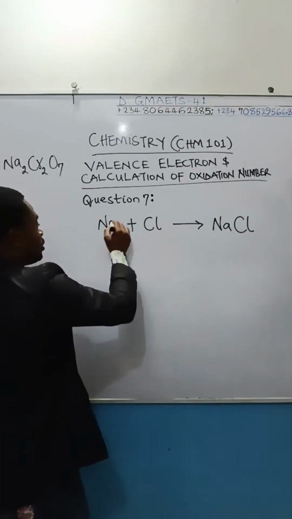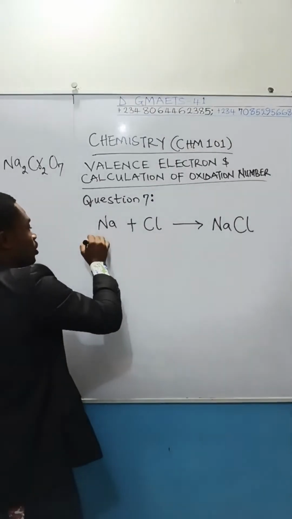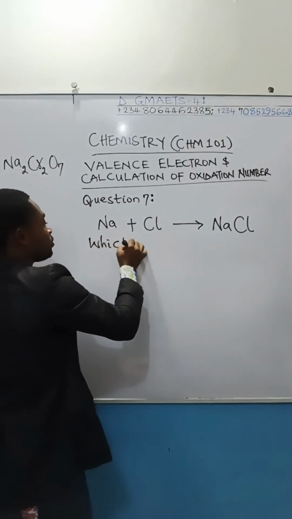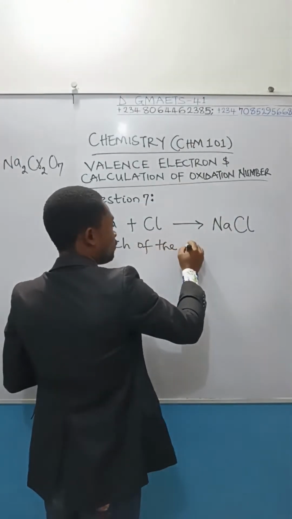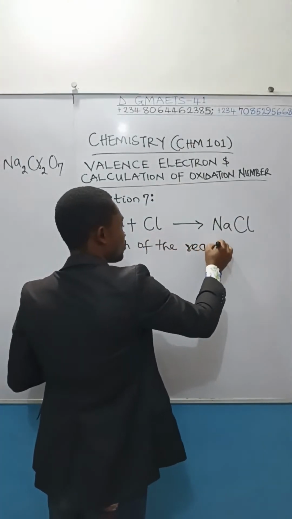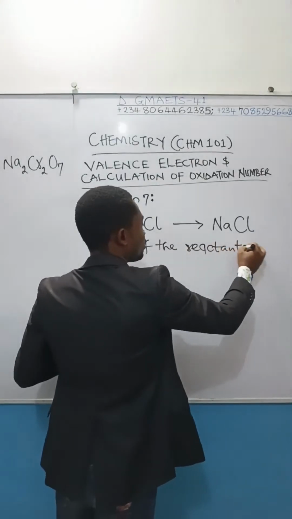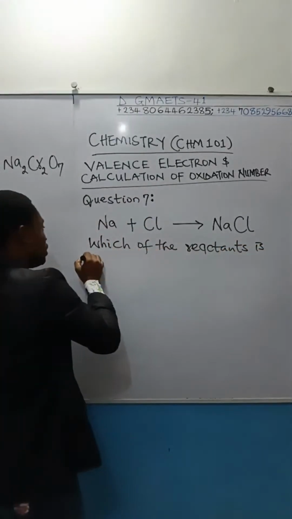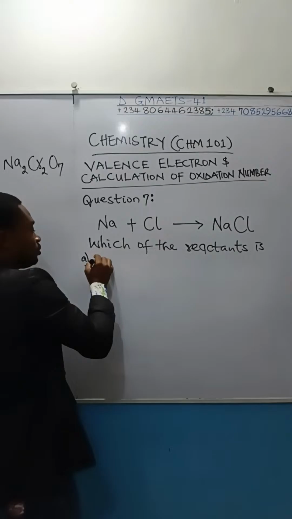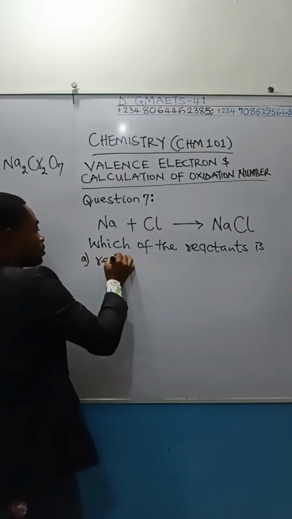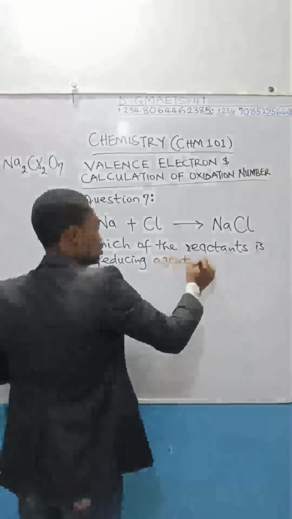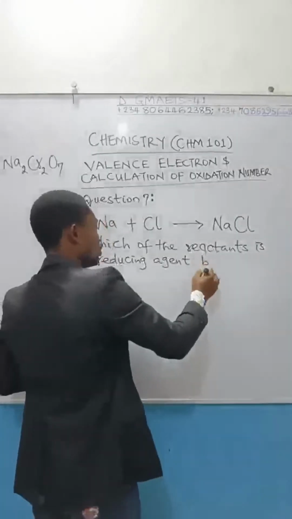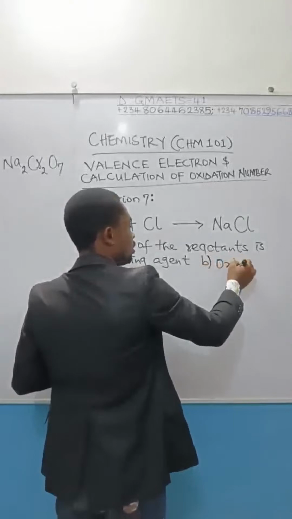The question now is, which of the reactants is A, reducing agent, B, oxidizing agent.